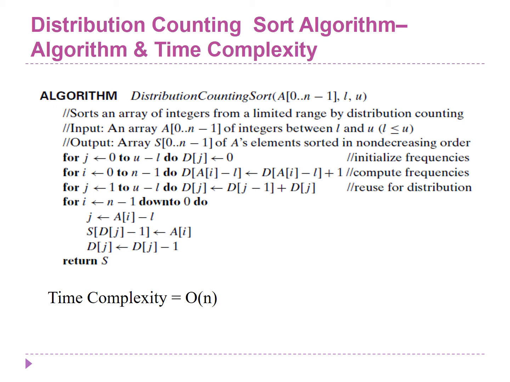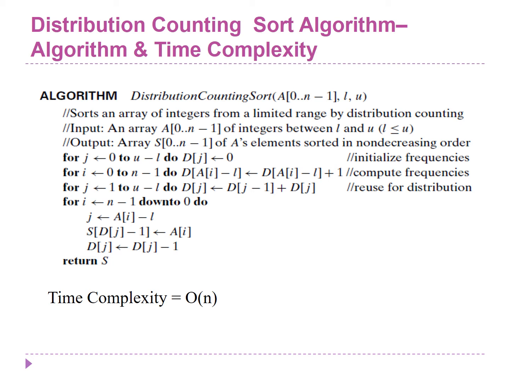The distribution values of every element in the input array are calculated from the frequency of elements in the input array. You may note that the distribution values represent the last index position of the elements in the sorted array.